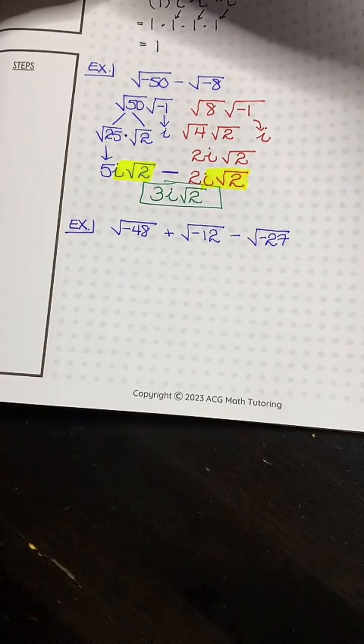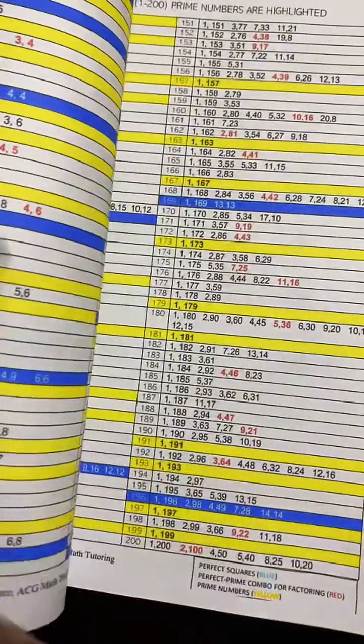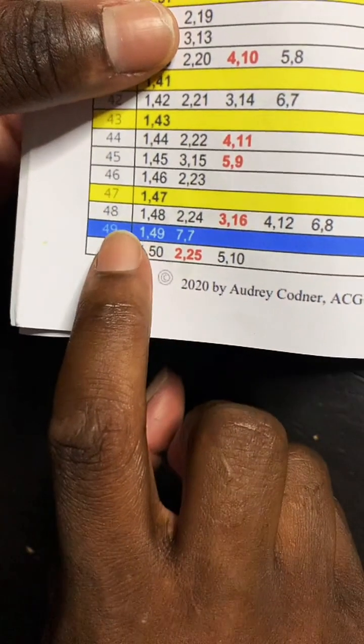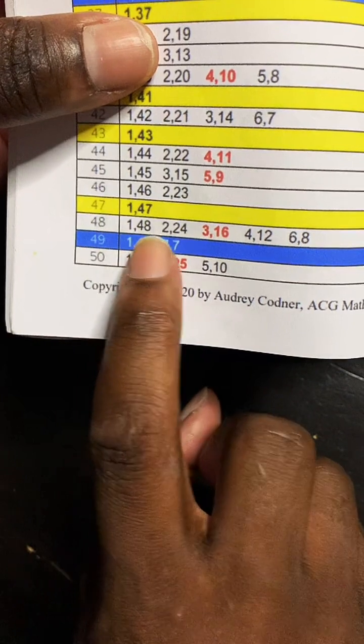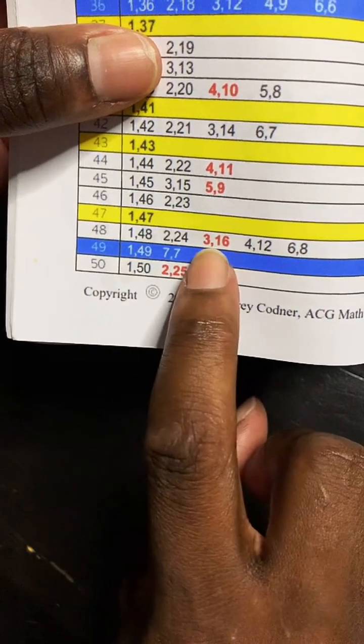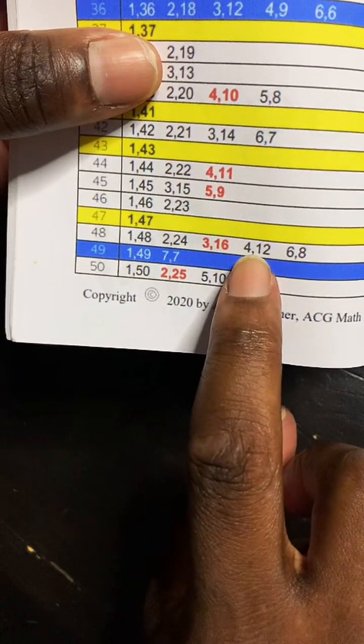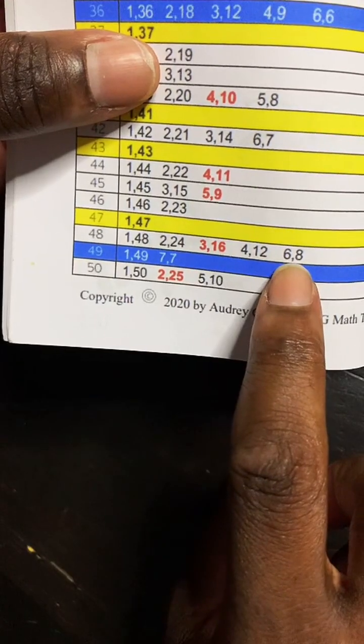So if you have one of my handy dandy notebooks, we can actually flip to where 48 is. All right. So if we take a look, here's 48. So the factors of 48 are 1 and 48, 2 and 24, 3 and 16, 4 and 12, and 6 and 8.